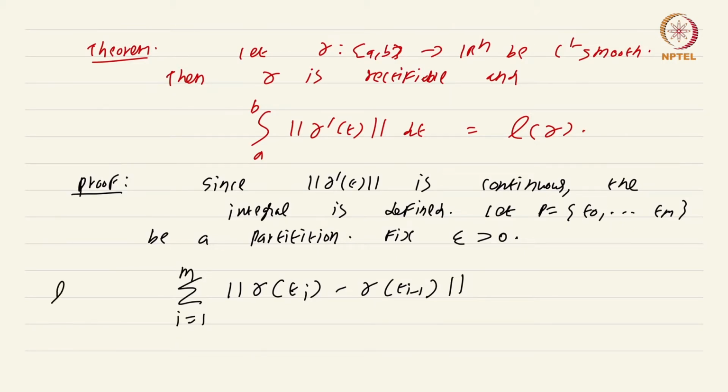This is nothing but L gamma of P, the length with respect to the partition P. You can check that a trivial application of fundamental theorem of calculus will tell you that this is summation norm of integral of gamma prime of t dt.